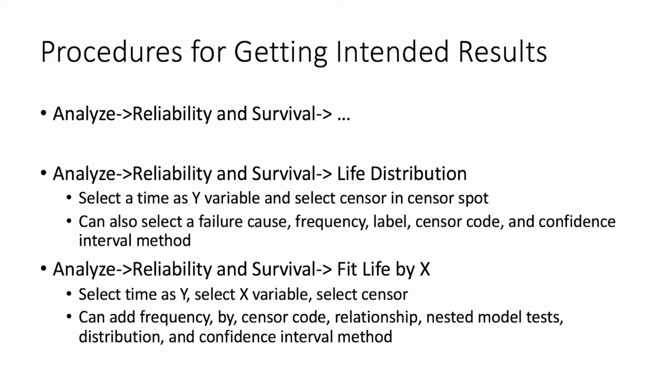For fit life by X, we select a Y as the time, we select an X variable and a sensor. We can also add the frequency, by, sensor code, relationship, nested model test, distribution, and confidence interval method. The fit life by X is a life distribution where a specific X variable is selected to determine if that factor has any effect on the lifetime to failure.